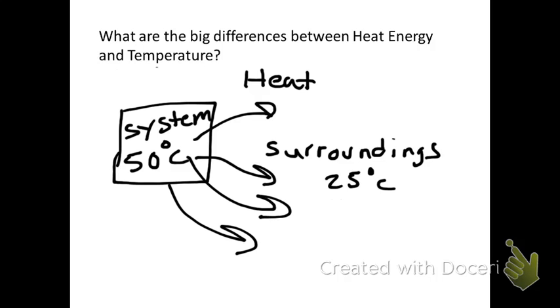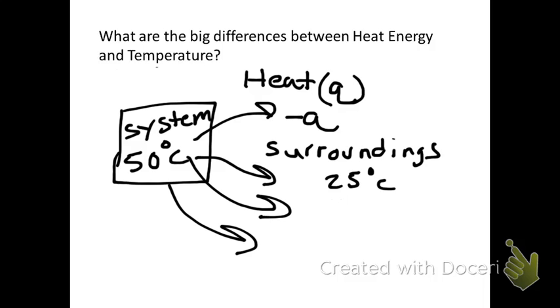Now, we are going to abbreviate heat energy and give it a Q. Q is the symbol for heat energy. And because the system is losing heat energy because it's being transferred, we're going to give the system a negative Q. The negative sign just means that the system is losing energy.